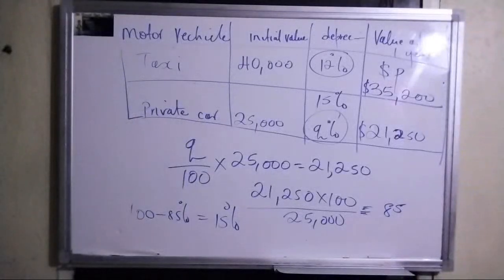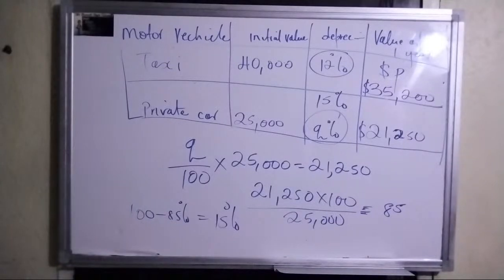Now we have all the information we need to find the value of both cars after 2 years, because that's what they ask us. They ask us for the depreciation value of both the taxi and the car after 2 years. So this is the year 1 depreciation. We get the rate now.